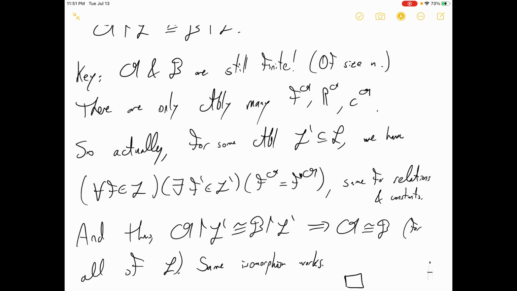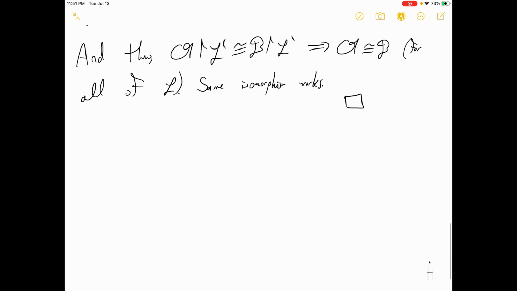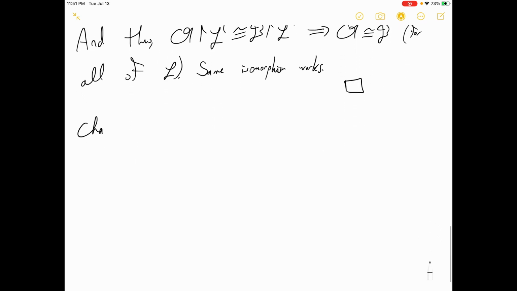So in Chang and Keisler, this is proposition 1.3.19, and that's the converse, I should say, because it states in proposition 1.3.19 that the converse, that isomorphism implies elementary equivalence, is true for finite models.